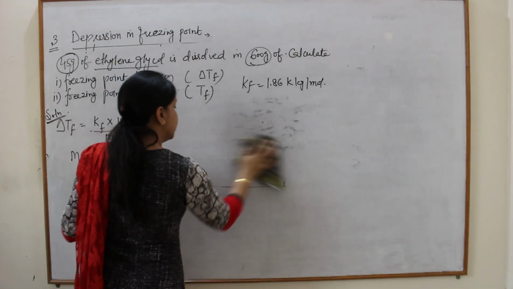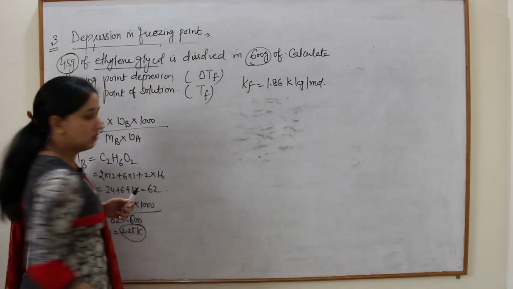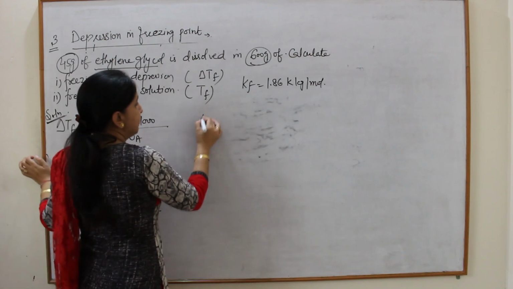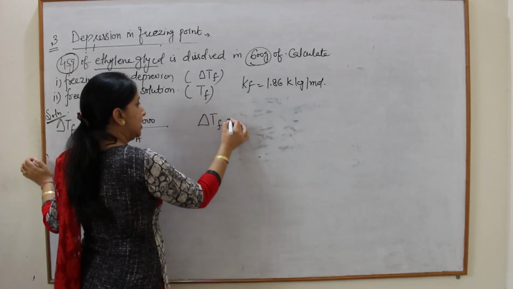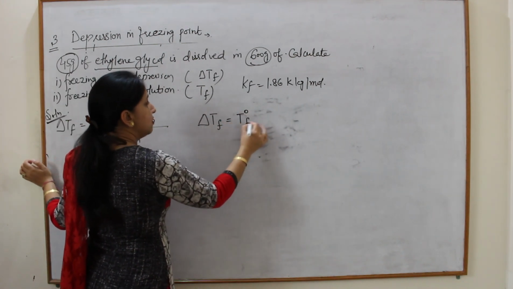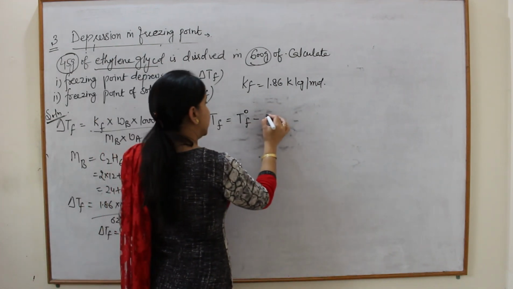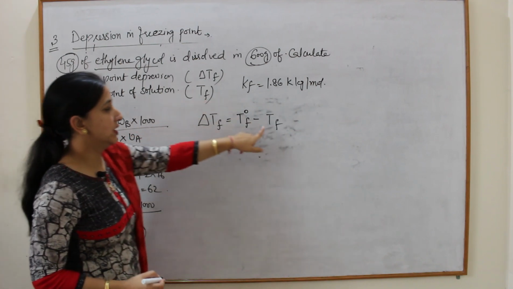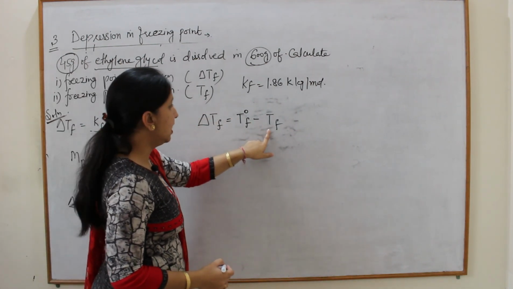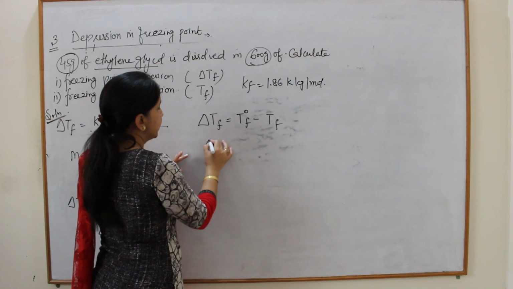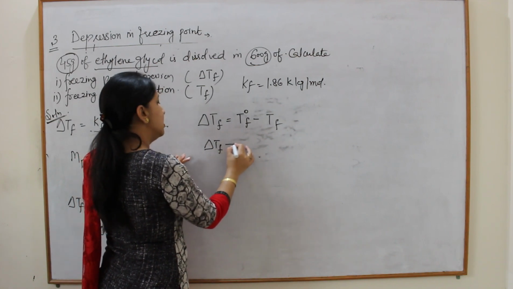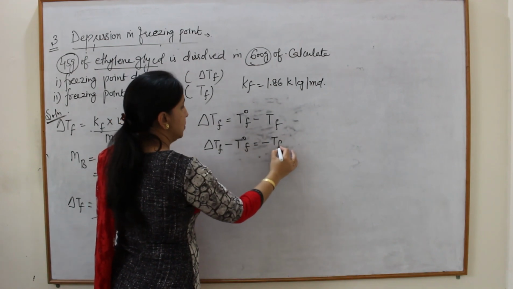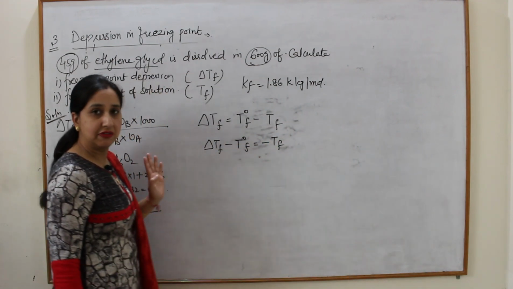So next we have to calculate the value of TF. We know depression in freezing point is the freezing point of pure solvent minus the freezing point of the solution, and we have to calculate the value of TF. So we can say delta TF minus T naught F will be equal to minus TF.